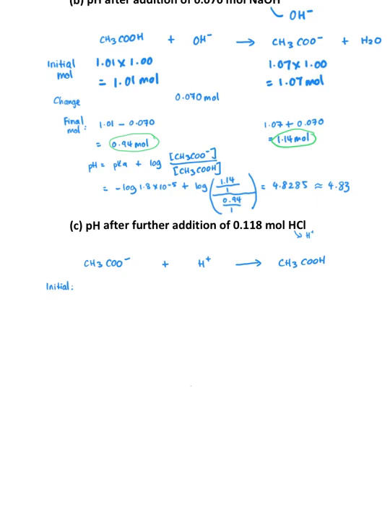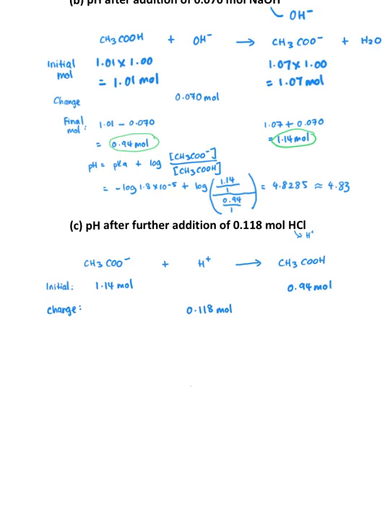So let's write that down. Then let's also look at how much HCl is added. For this one, we don't need to calculate because it is already stated that the number of moles of HCl added is 0.118.